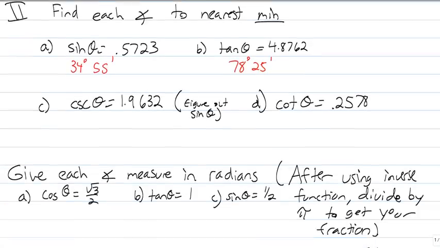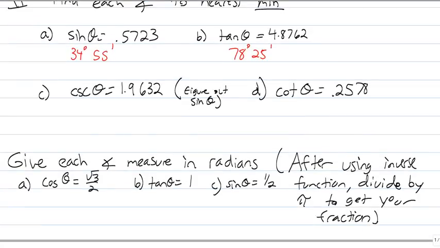Now these are the tricky ones. Okay, instead of writing 1 over cosecant, we turn it into sine, because we know 1 over sine is equal to this. Well, if I cross multiply and solve, I get sine is equal to 1 over 1.9632.